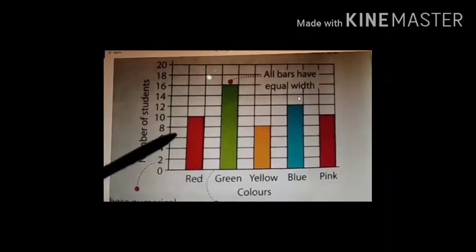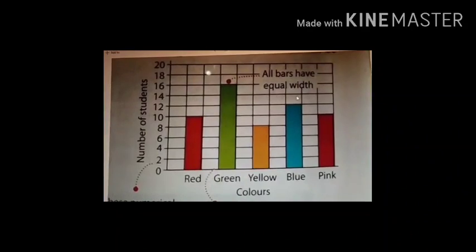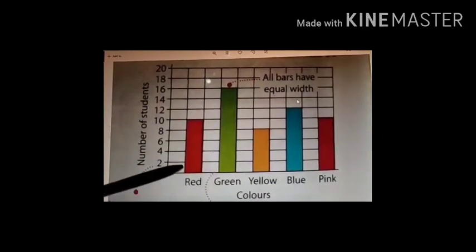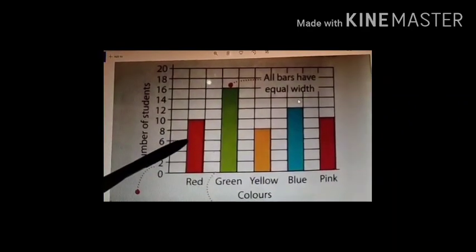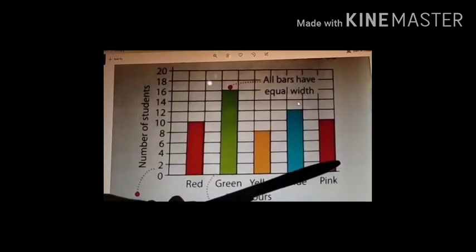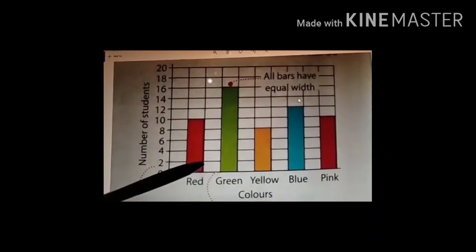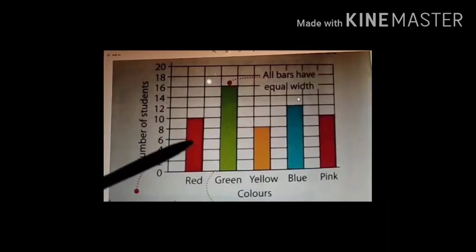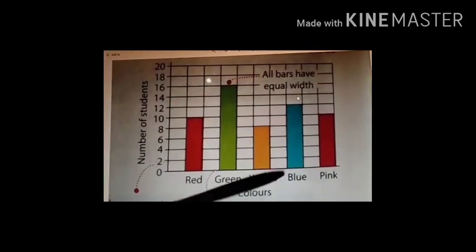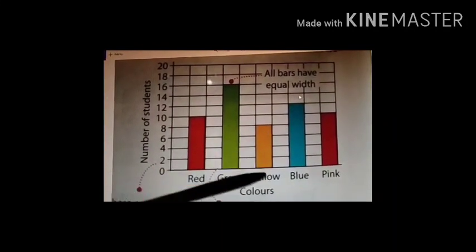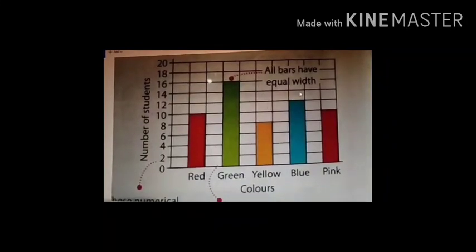Pink color is liked by 10 students. See, the color red is also liked by 10 students and pink is also liked by 10 students. So red and pink are colors liked by the same number of students.